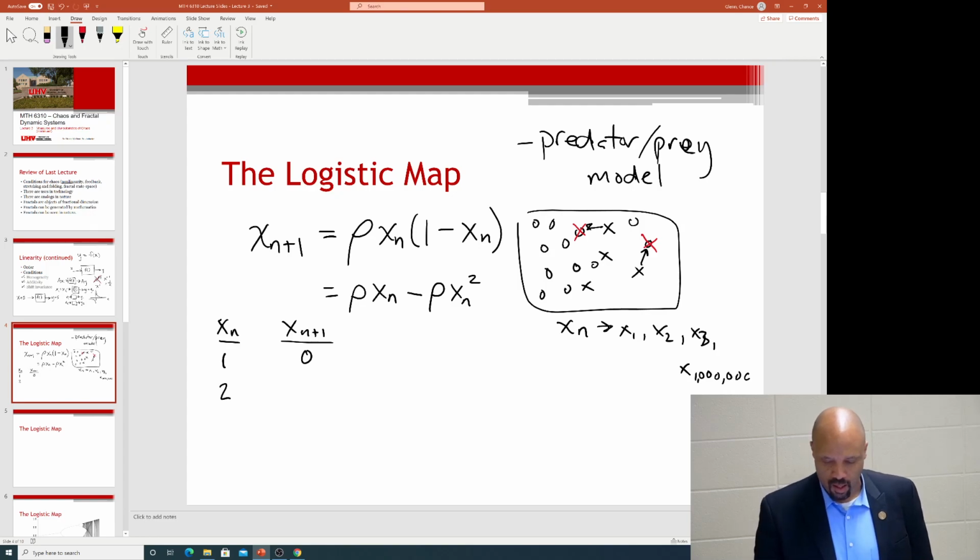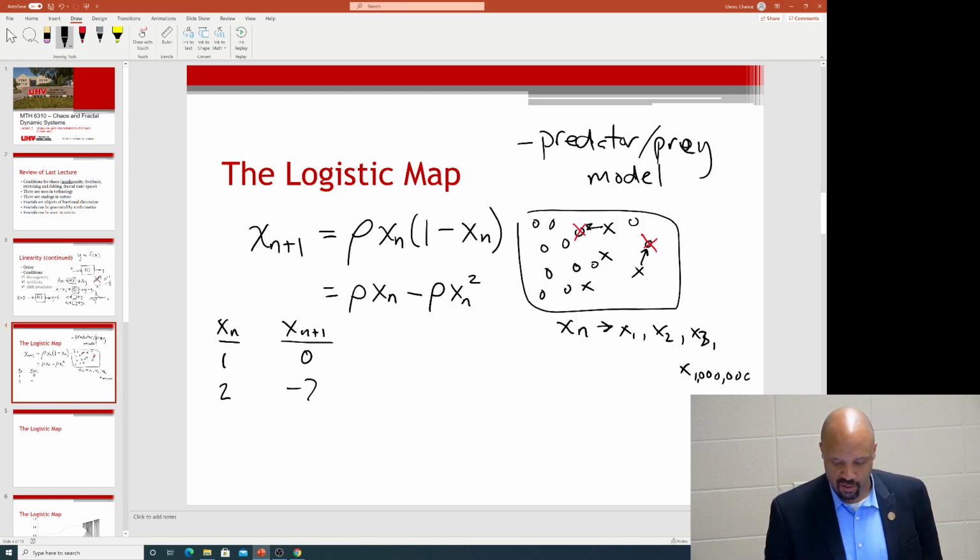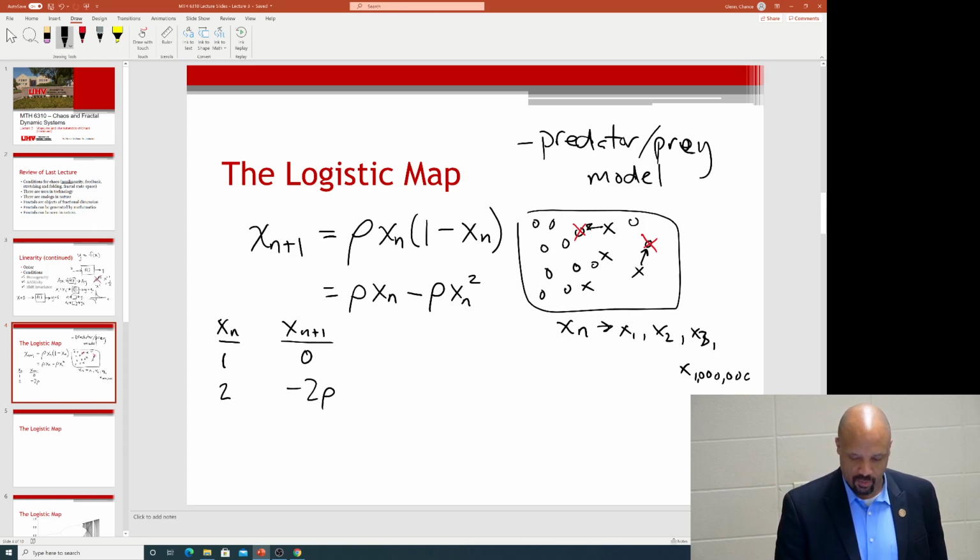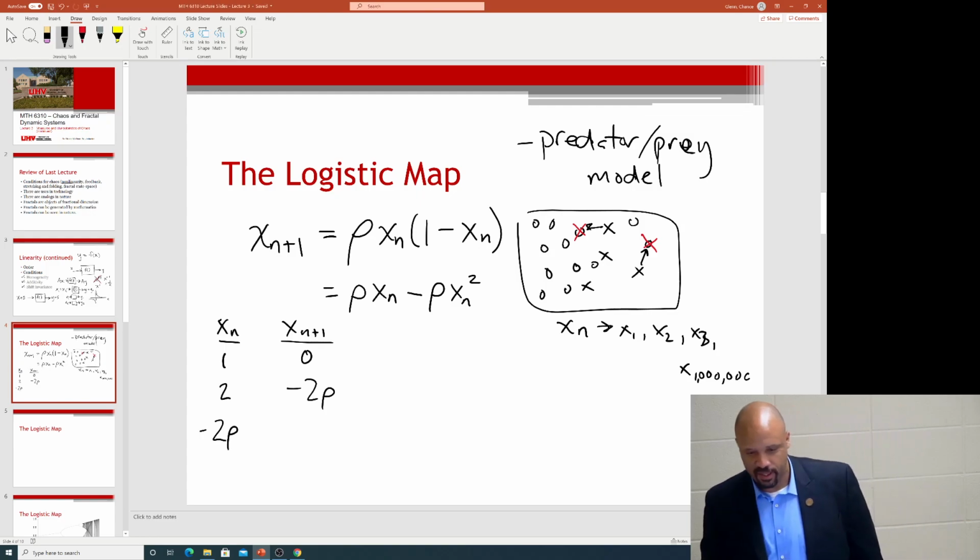So 2 rho minus 4 rho is minus 2 rho, right? Then that goes into the next one. And so then it'll be 2 minus 2 rho, and you can do that.